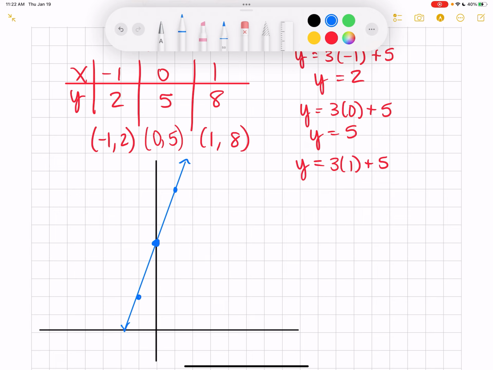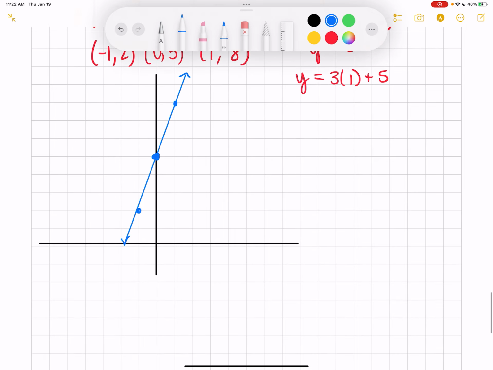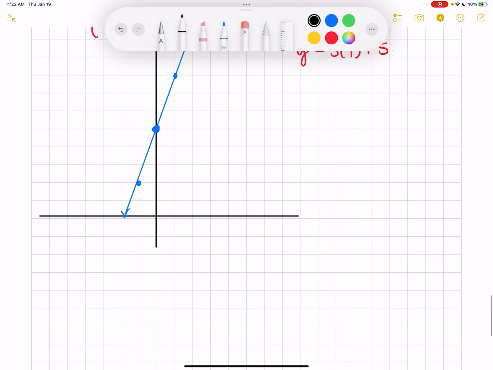All right, and then the last graphs that we're going to do. Number 20 is y equals 0. So this one, we don't have to make a table, okay? What type of line did we say it is if it's just y equals a number? Is it vertical or horizontal? You can look back at your notes if you need to.